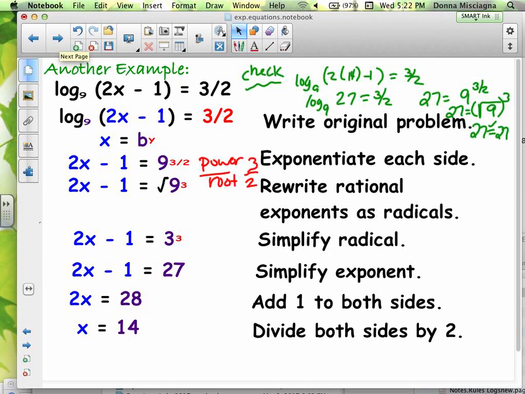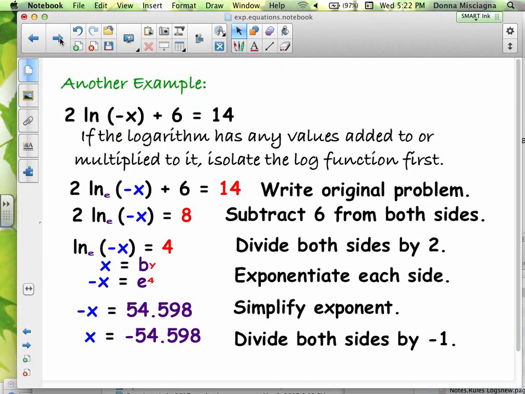All right, so let's take a look at another problem. And this one is not in the notes, right? So we have 2 times the natural log of negative x plus 6 equals 14.